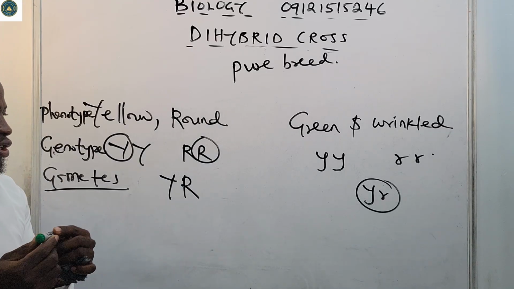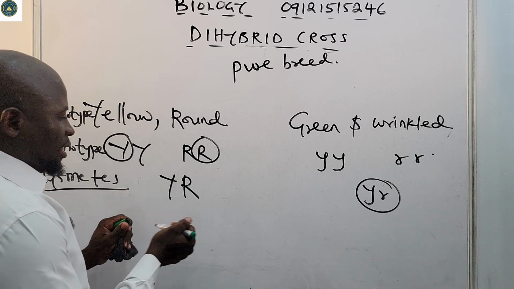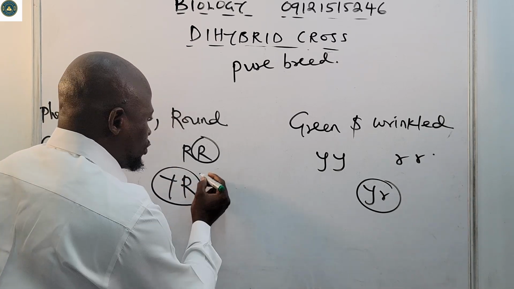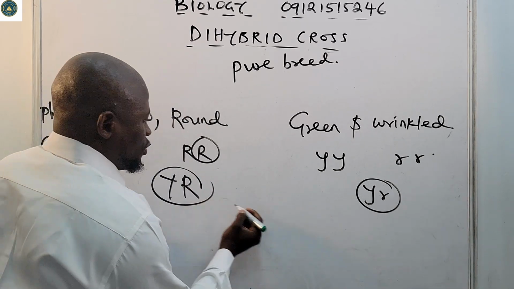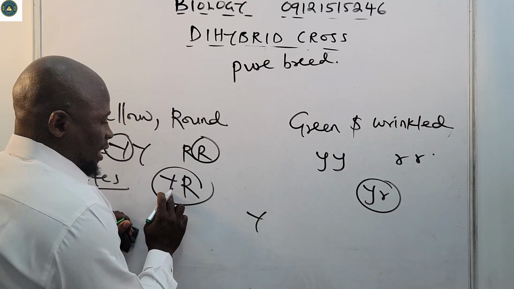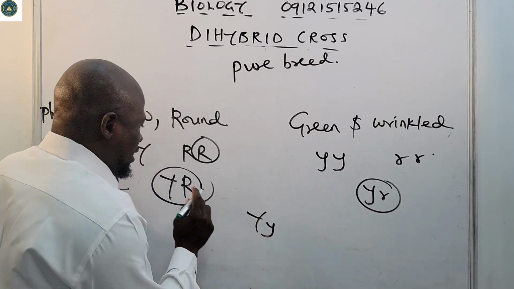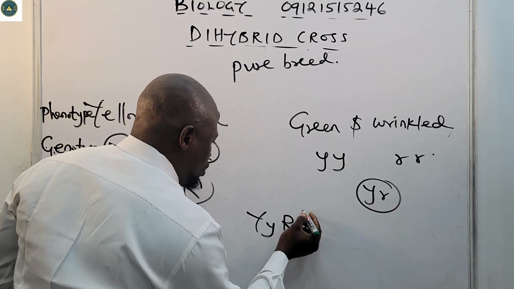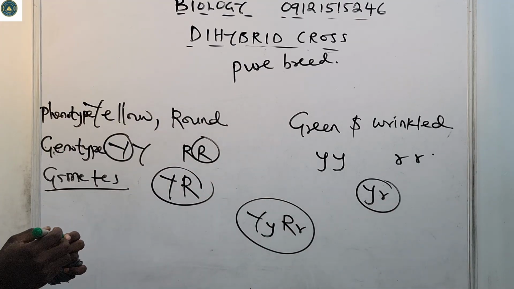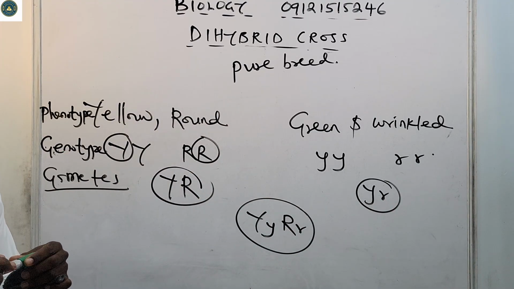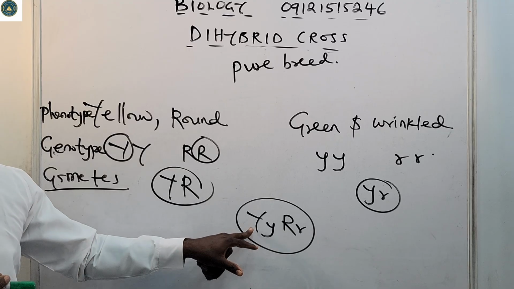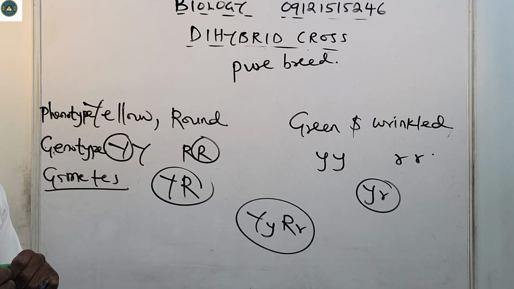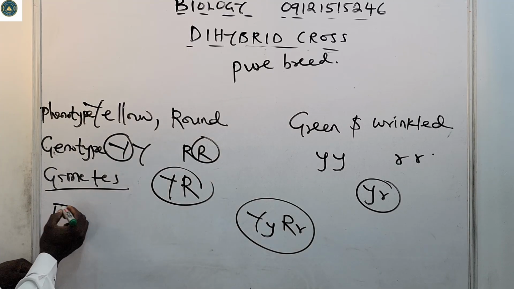So now let's cross them. If we cross this with this, I'm going to have Y and y, then R and r. So this is what we get in our F1.